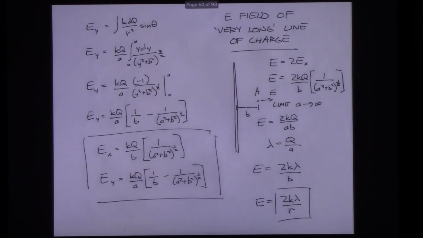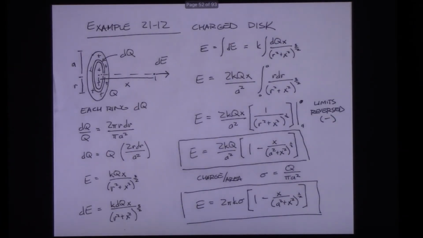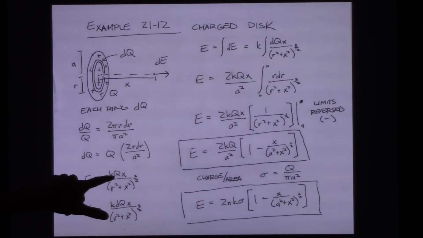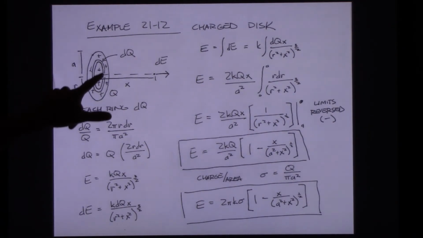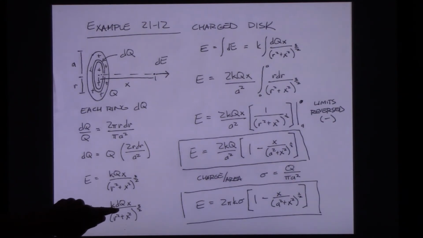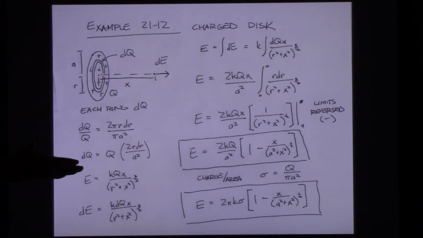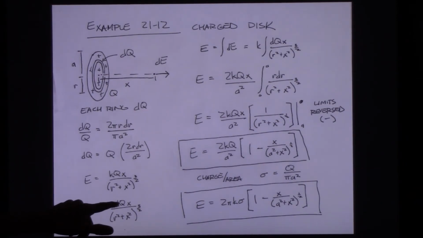And so now I'm going to write that expression down, and I'm going to scale it down. This was for a finite amount of charge, but now the rings that we're looking at have an infinitesimal amount of charge. Finite, infinitesimal. So a little bit of charge is going to generate a little bit of electric field.